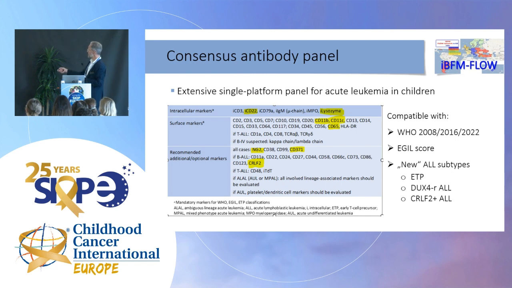But then you have recommended other markers which go more into the direction of markers for immunotherapies, for MRD, LAIP, leukemia-associated immunophenotype assessment, or, for example, to define the genetic backgrounds, like markers like CRLF1, CRLF2, and CD371. I will touch on that.